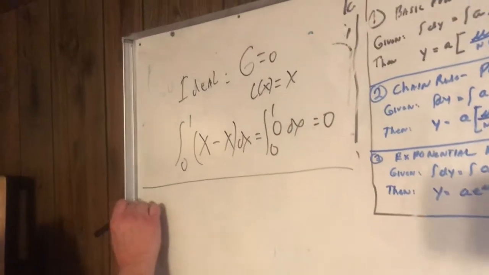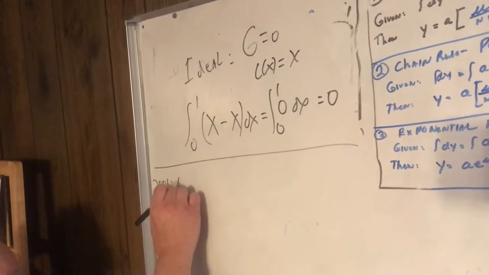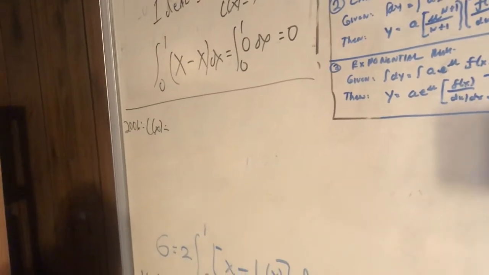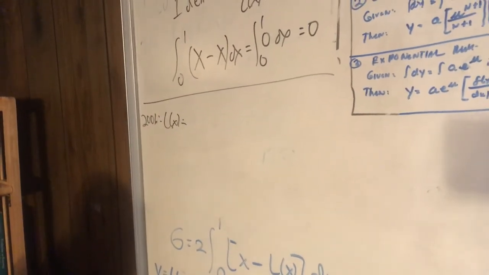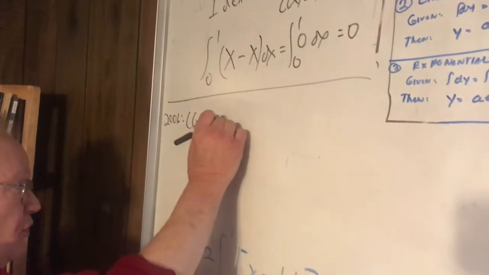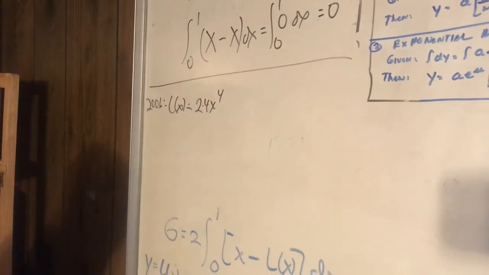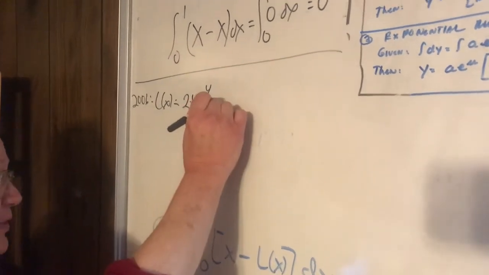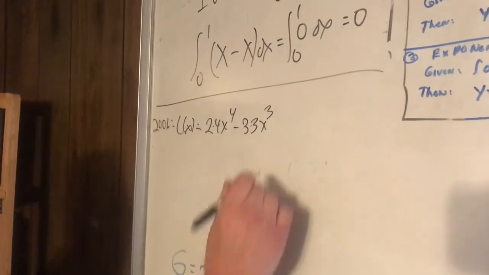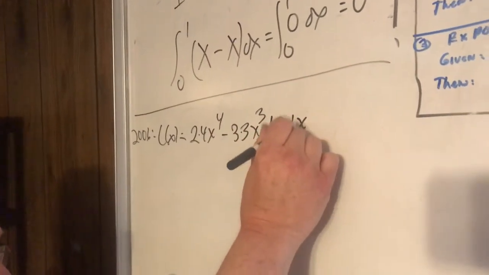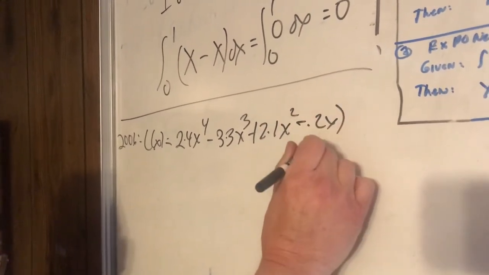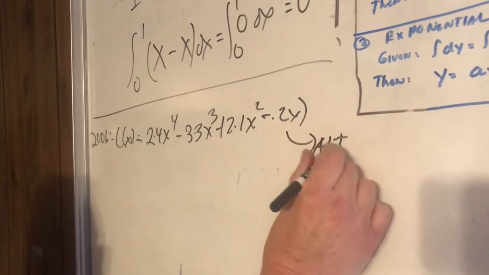But let's see, what is the Lorentz function in 2006 for this county? Okay, let's look at that. For this county, we're going to get 2.4x to the 4th, minus 3.3x to the 3rd, plus 2.1x squared, minus 0.2x, and this is after the taxes.